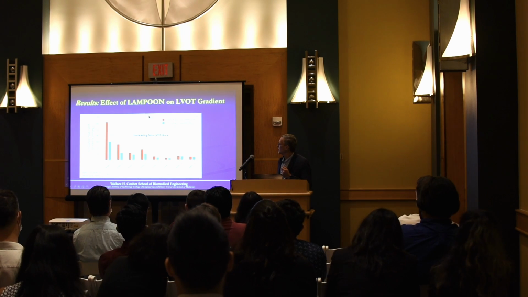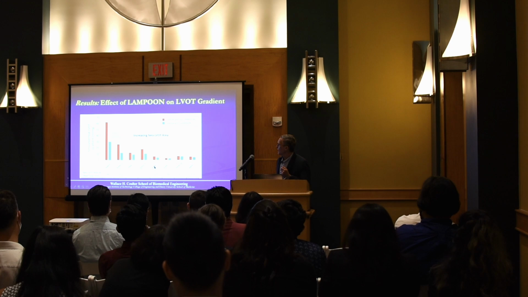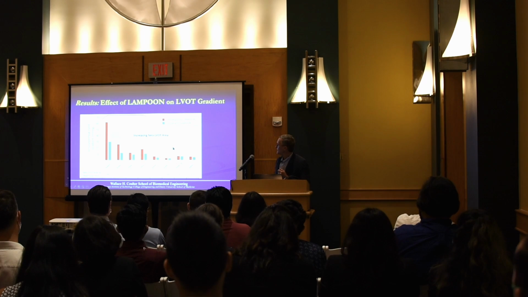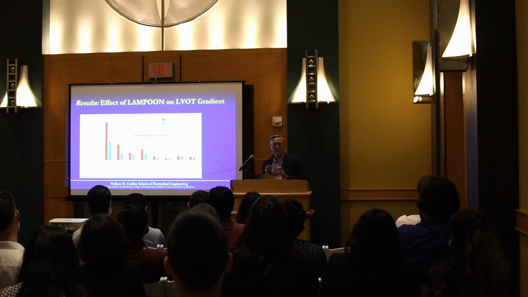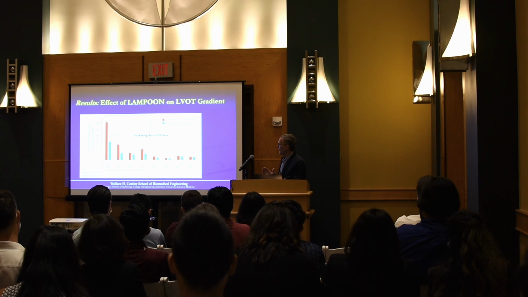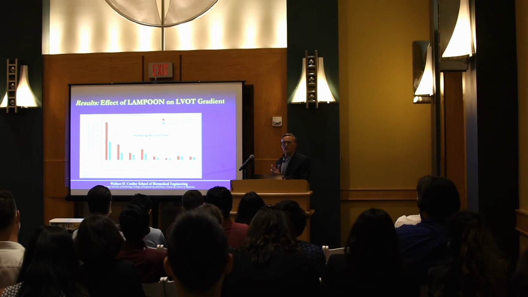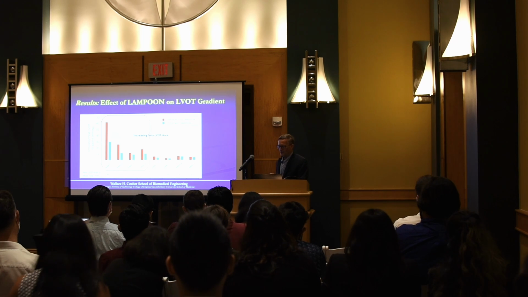So you see in each one of them there's a decrease in the pressure gradient. But as we get down to the end, the effect is actually pretty small. So what you see from this is that the Lampoon effect is important in people with very small neo-LVOTs who have a chance of having a big gradient.